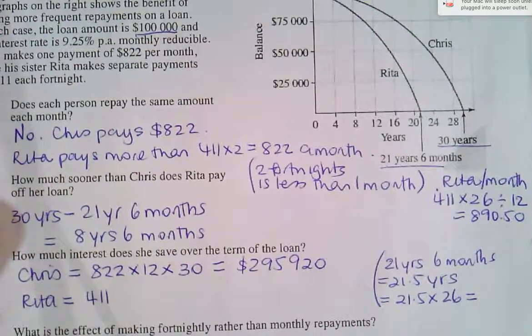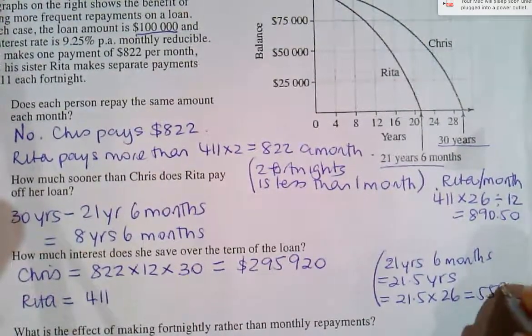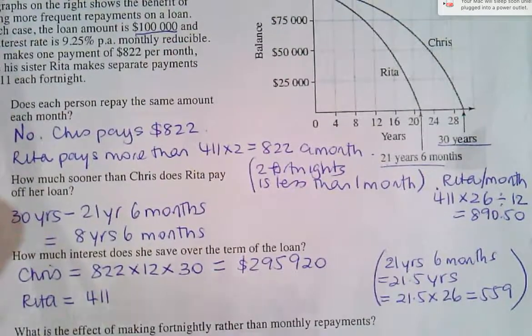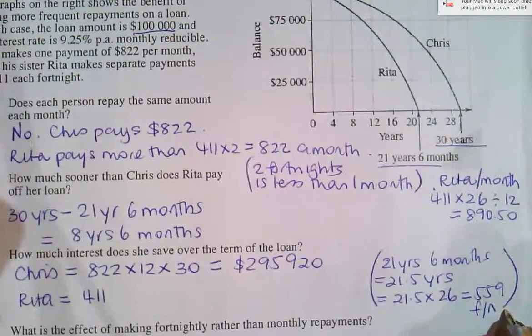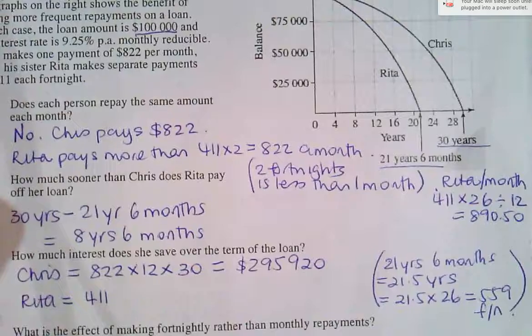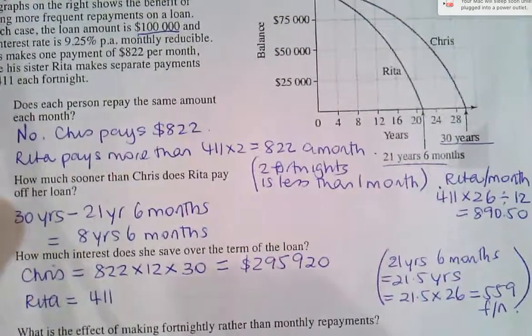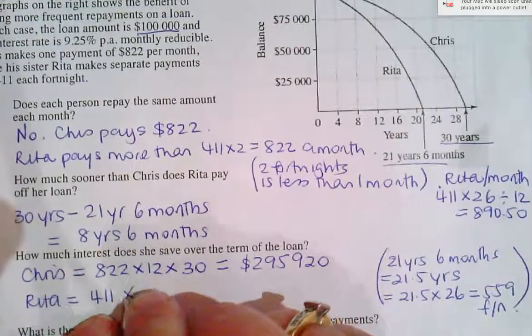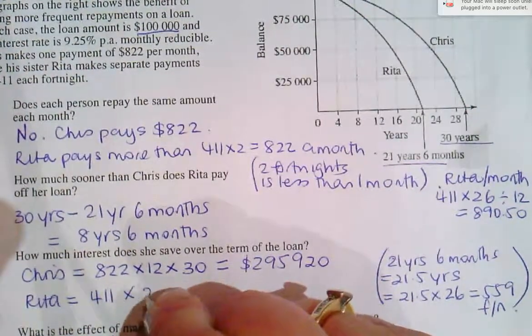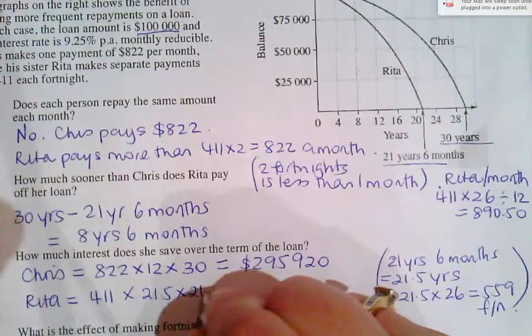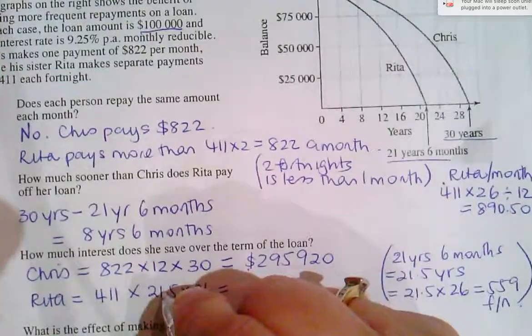So 21.5 times 26 is the number of fortnights, which is 559. Okay? So that's how many fortnights there are in 21 and a half years. So Rita pays $411 a fortnight times 21.5 times 26, which we know is 559.